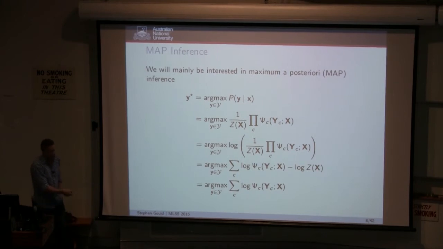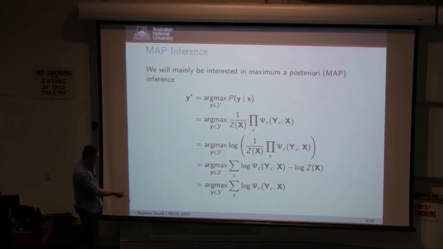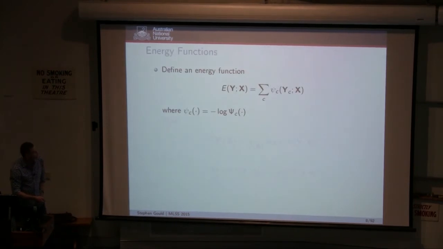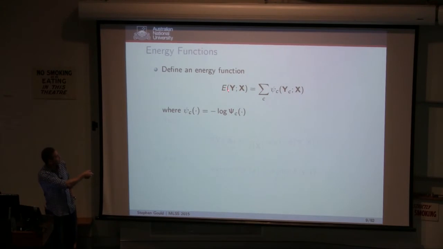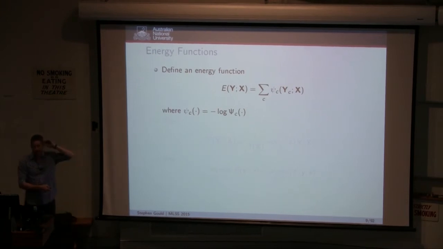And if we flip the sign of this, this is then called energy minimization in computer vision. So we define an energy function, E of y given x, as the sum of these log clique potentials, okay? So I've taken the negative log of the clique potentials I had before.